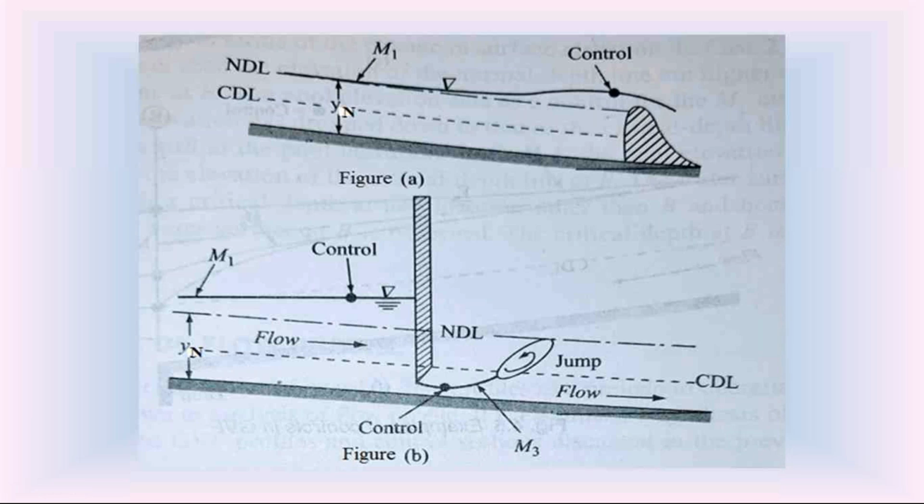Then, in order to find out the length of this water surface profile in the open channel, from this control section we are moving in the upstream direction. So in the single step method, from this control section, we separate this entire channel into small portions. So section 1 at the control section.